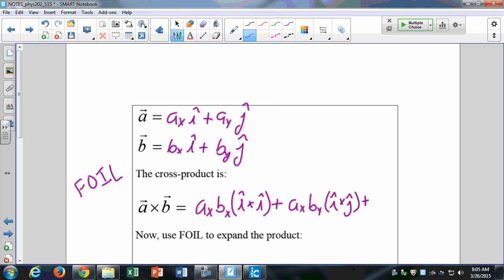Inner, what's inner? A_y B_x, just multiplying out these two, A times B. A_y B_x, that's j cross i. It's very important that you get the order of the vectors correct, otherwise the answer won't come out right. Plus, last is A_y B_y, j cross j.